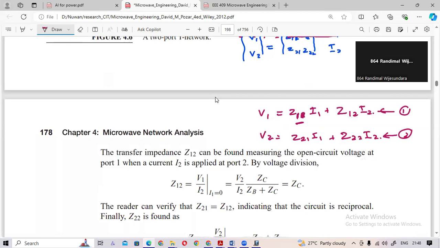If we remove this term, you can easily find Z11. Then think of a way to cancel this one. To cancel this one, two things are possible: you can make this value 0 or you can make this value 0. So consider practically what we can do.